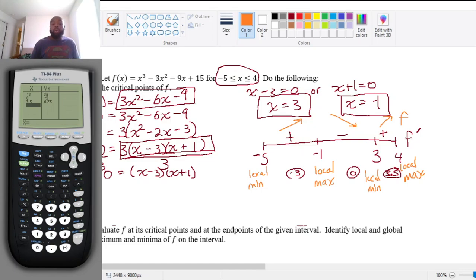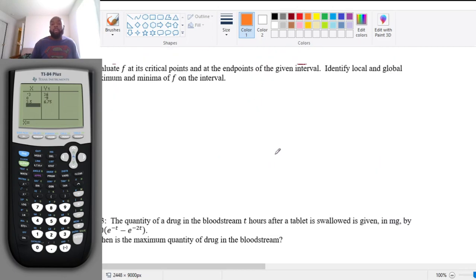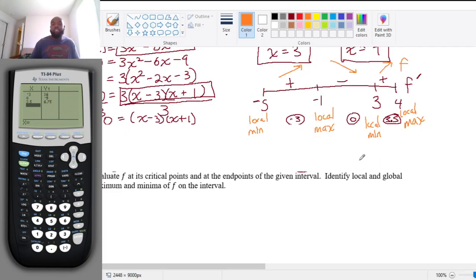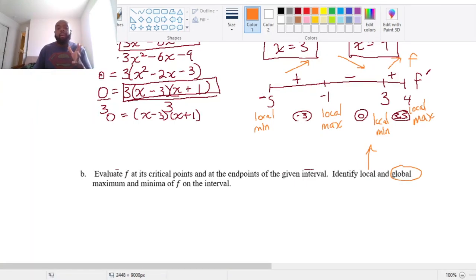And so now what we're going to do is we got to determine if they're global maximum and minimums, right? We already got the local stuff up here, but let's find the global. The global information about your function is going to come into effect by looking at the y values at these local max and mins.